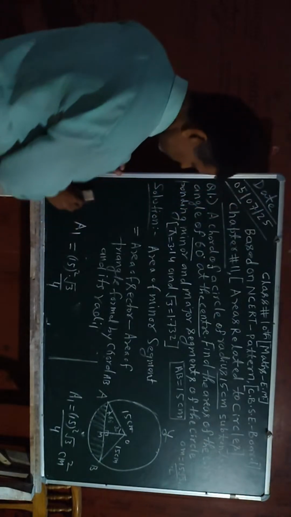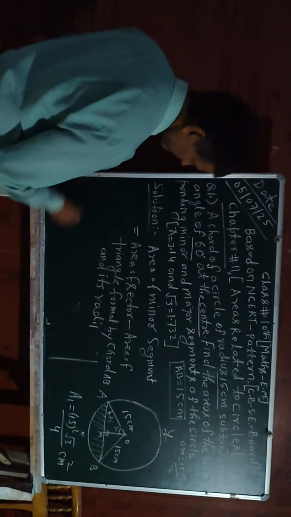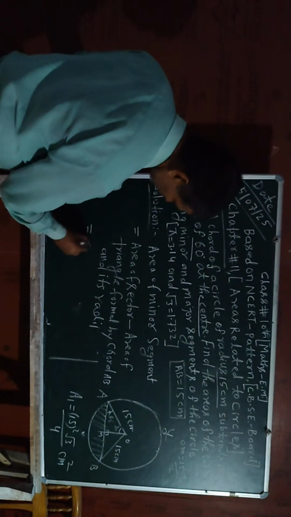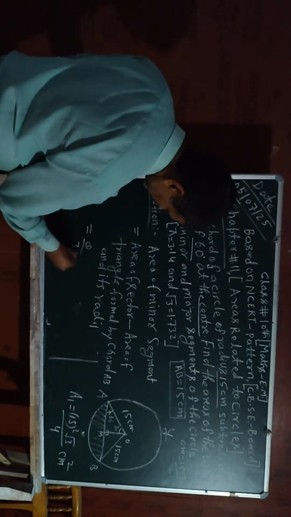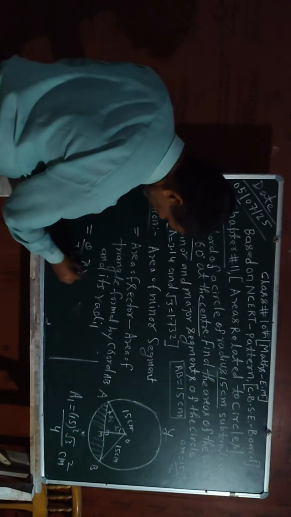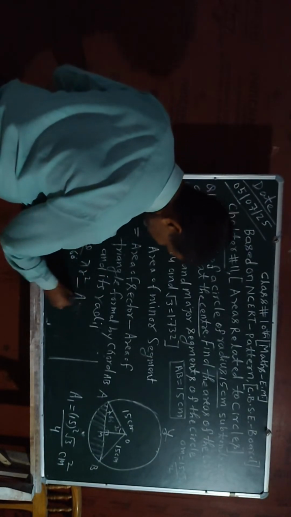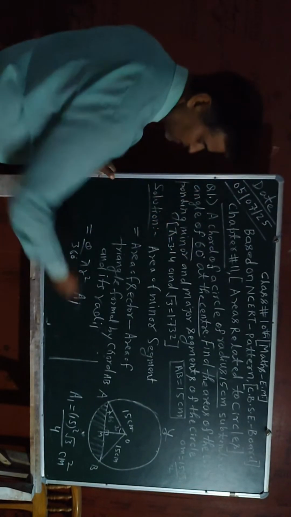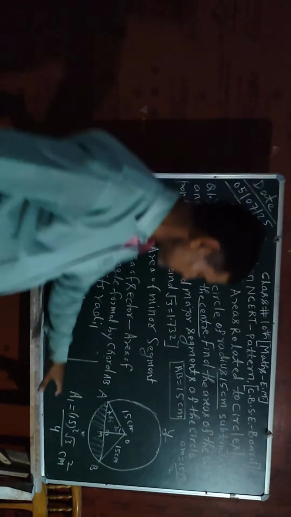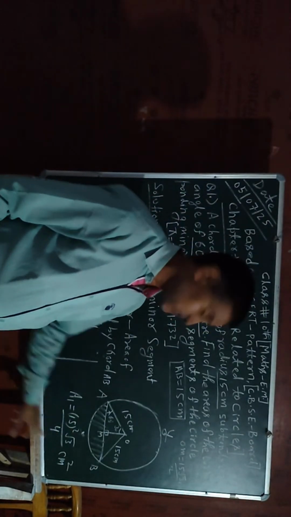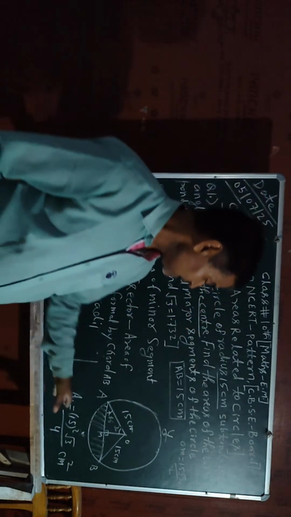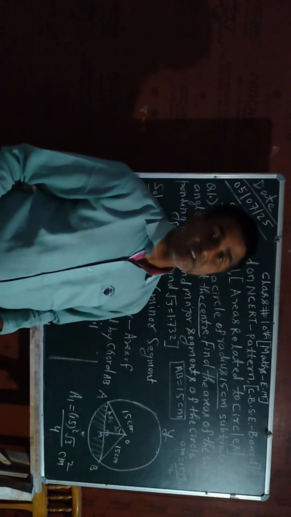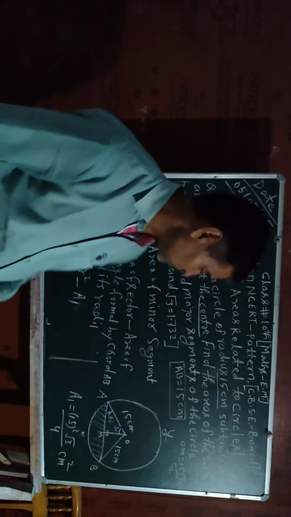Further I will write: area of the sector, that is theta divided by 360 degree into pi r square, minus area A1. Area A1 has this value, that is 15 whole square into root 3 divided by 4, with units in centimeter square, that is in the SI system.